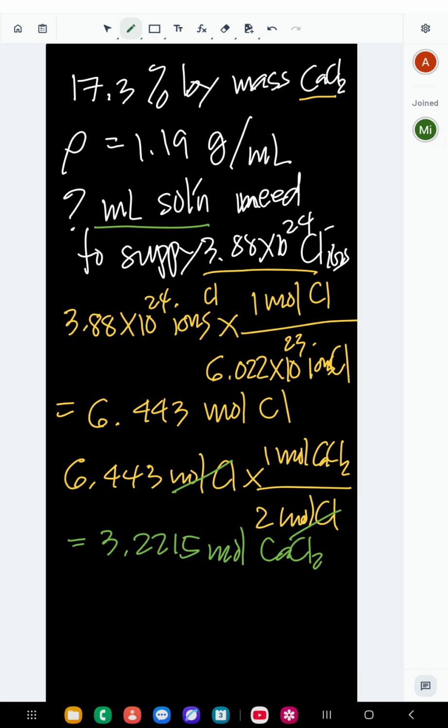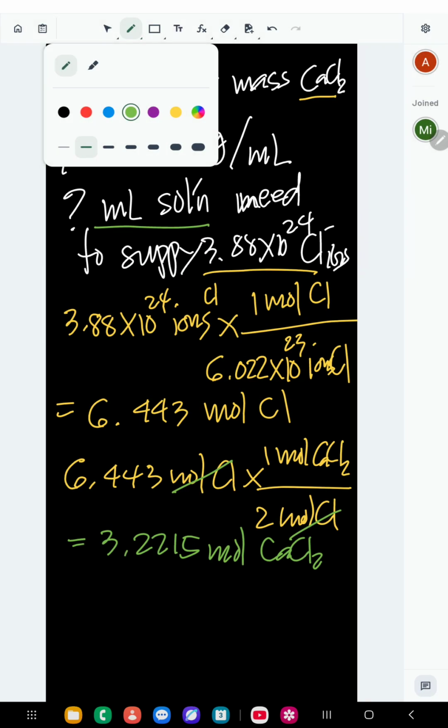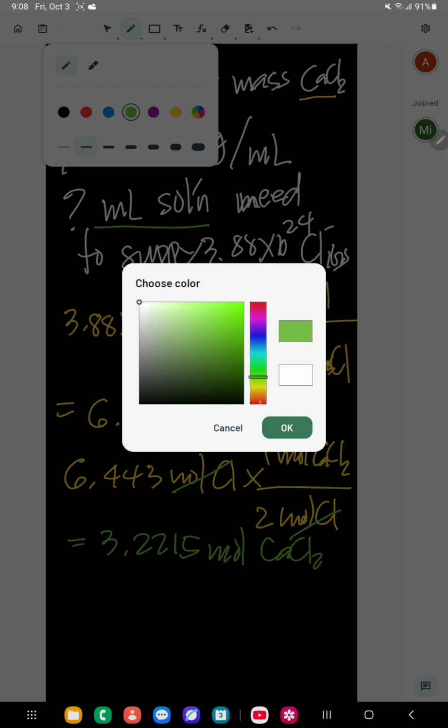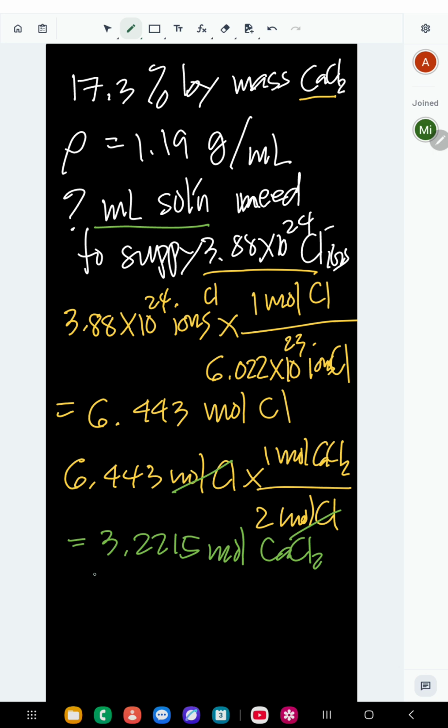So now we already have the number of moles of CaCl2. We can get the mass of CaCl2. What is the molar mass of CaCl2? You get the molar mass first: calcium plus 2 times chlorine. Okay, 110.98 grams per mole. So now we can calculate the mass.